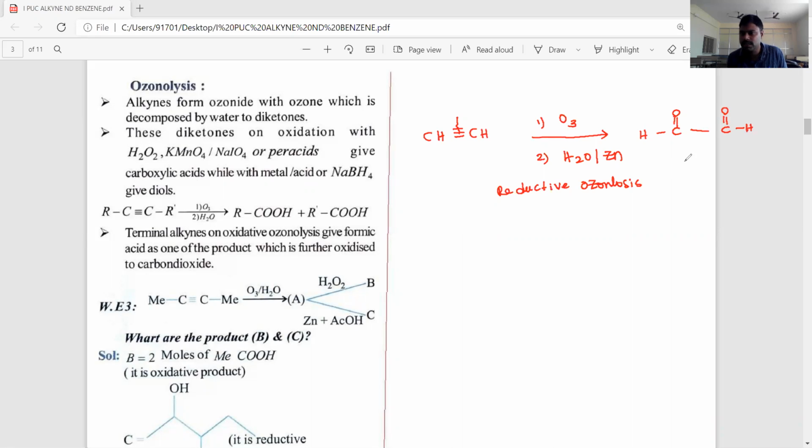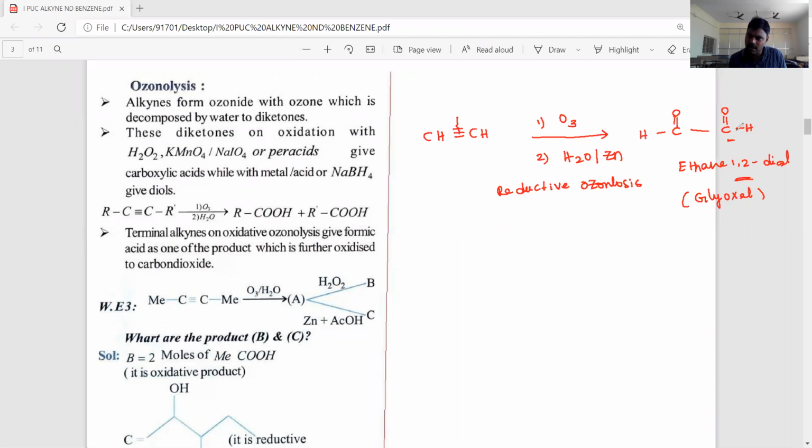This name is ethane-1,2-dial; the functional group is CHO. The common name is glyoxal. Okay, students, it's very important.